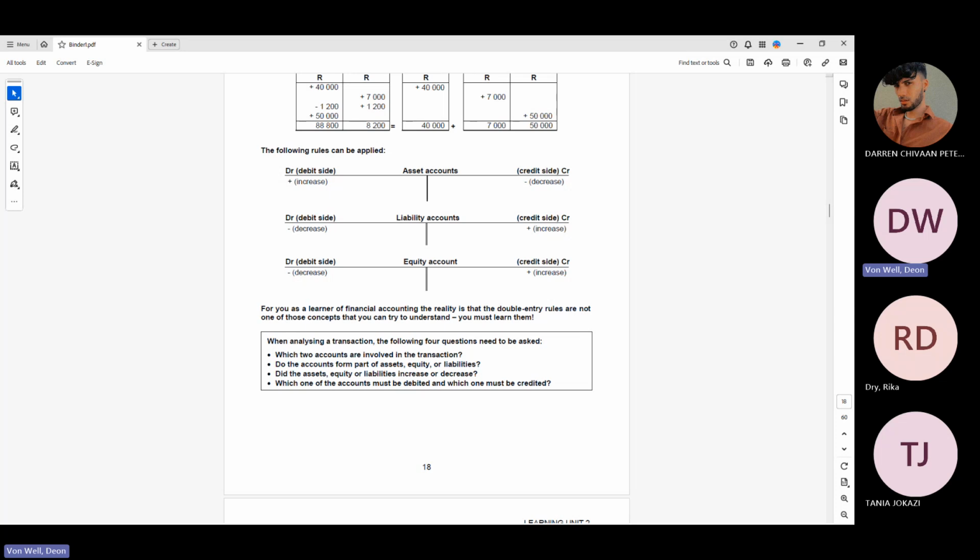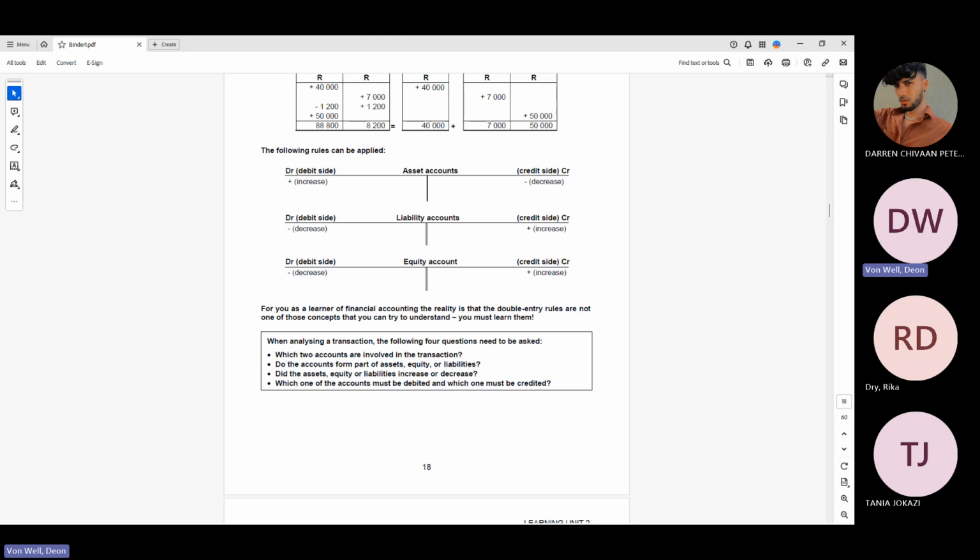But when I start paying back, when I start paying my yearly or monthly payments, let's say every month there's an installment that I must pay on my loan, my payment will go to the debit side because my liability must decrease.